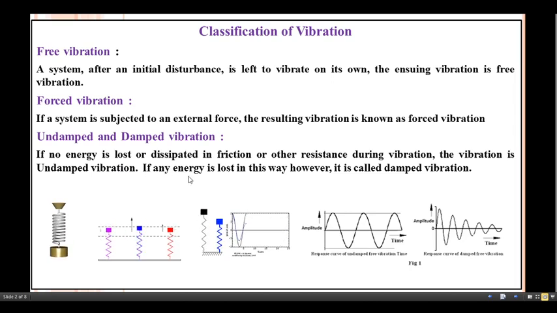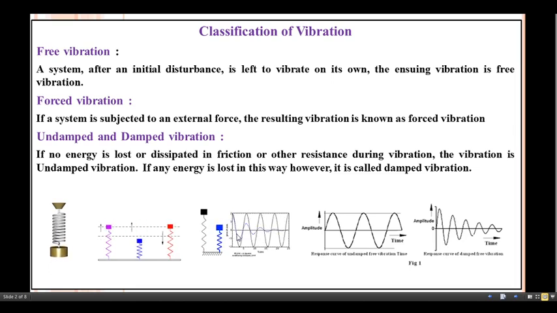If any energy is lost in this way, however, it is called damped vibration. Now if you look at this diagram, the displacement of this mass and spring can be indicated with the help of this black line. So the black signal is in front of you.